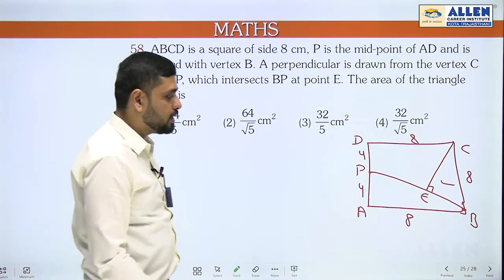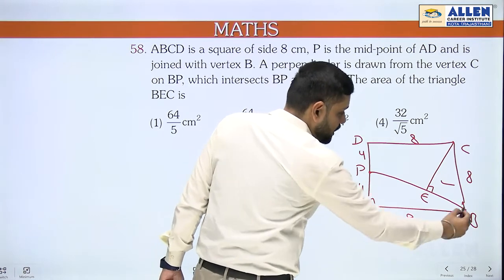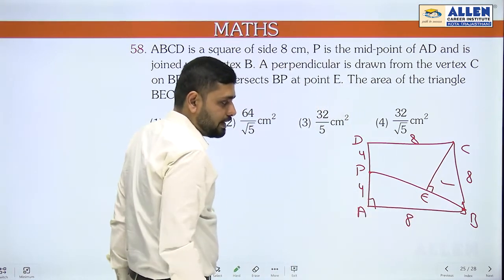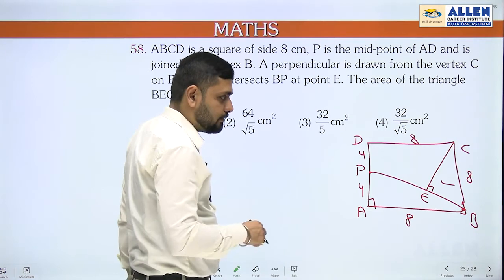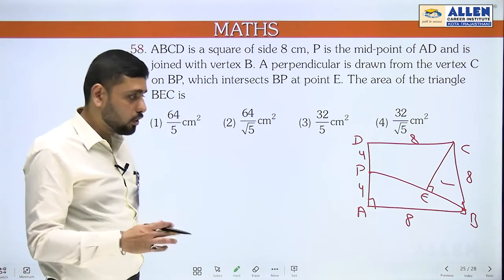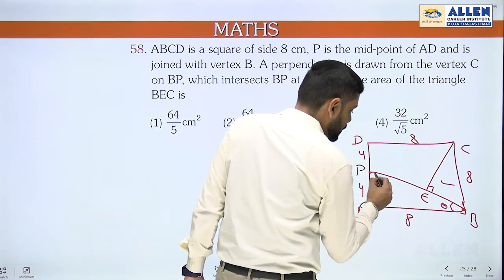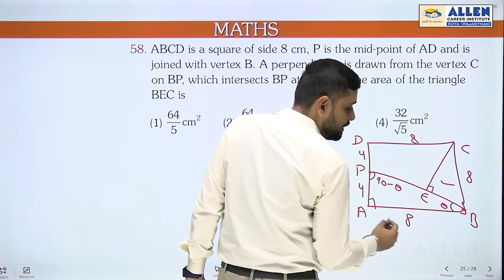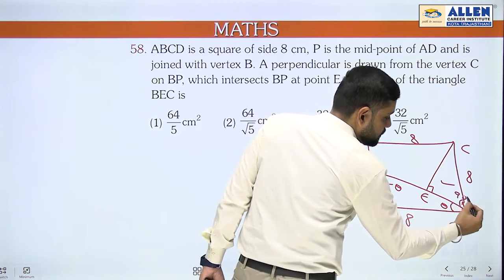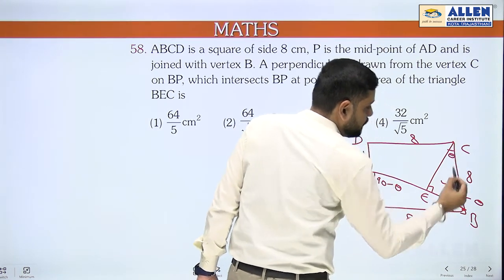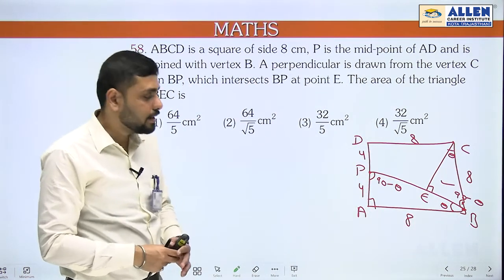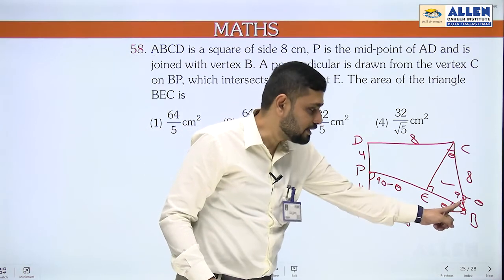These are the information given, and now as you can see, these two triangles are similar. Why are they similar? We can easily understand it: if this angle is 90, let's take this angle as theta, then this will be 90 minus theta, and this angle will be theta. All three angles are equal: 90, 90 minus theta, theta.